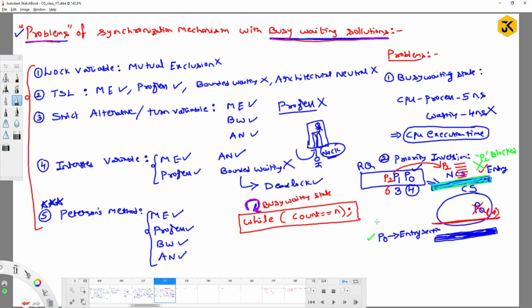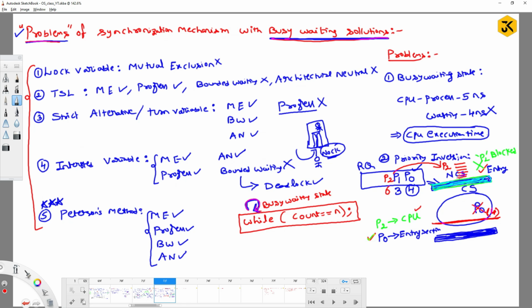Now, who holds the CPU? That will be held by P2. If you observe clearly here, P2 is holding the CPU and P0 is holding the entry section. Just think about this, it is a kind of lock or not.